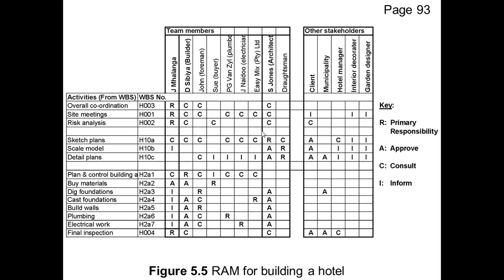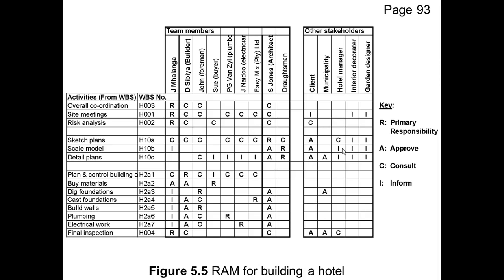Now, in terms of approval, you will see that we can have more than one person approving something. So in terms of the detail plans, obviously the architect has to approve it and say, yes, this is in line with the sketch plans that are made. But the client also has to approve it and has to say, yes, this is really what I want.